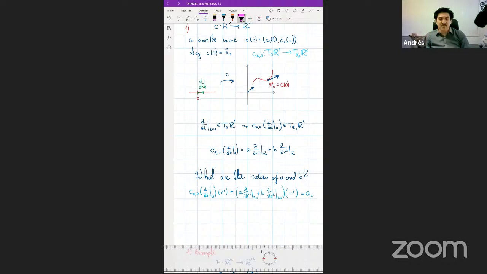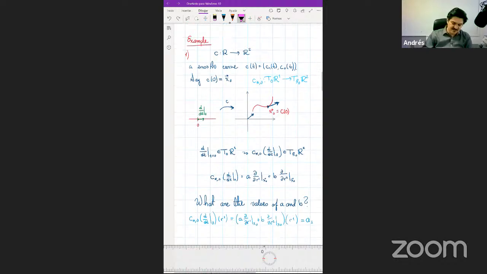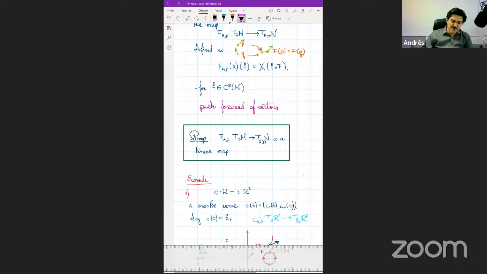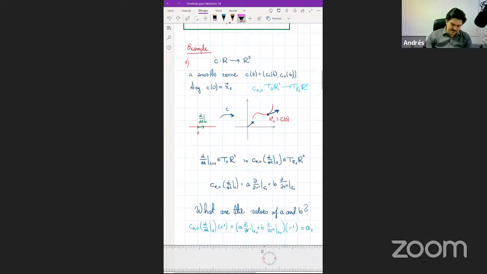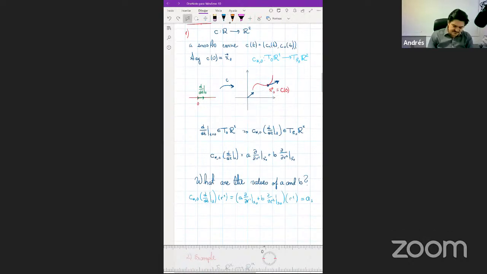Now, let's work out the left-hand side. What about this? Here we use the definition of the differential. So this is going to be... okay.